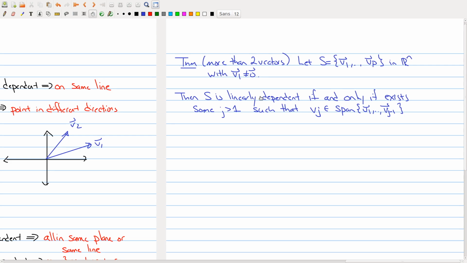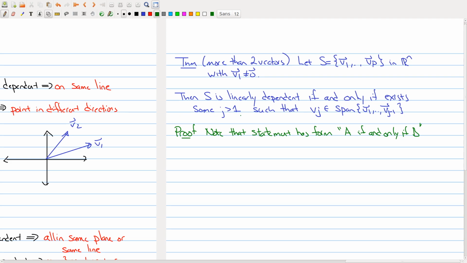Okay. Now I wanted to quickly do a bit of this proof. I'm not going to do all of the proof, but I just want to make an observation. So we note that the statement has the form A if and only if B. S is linearly dependent is the A statement.